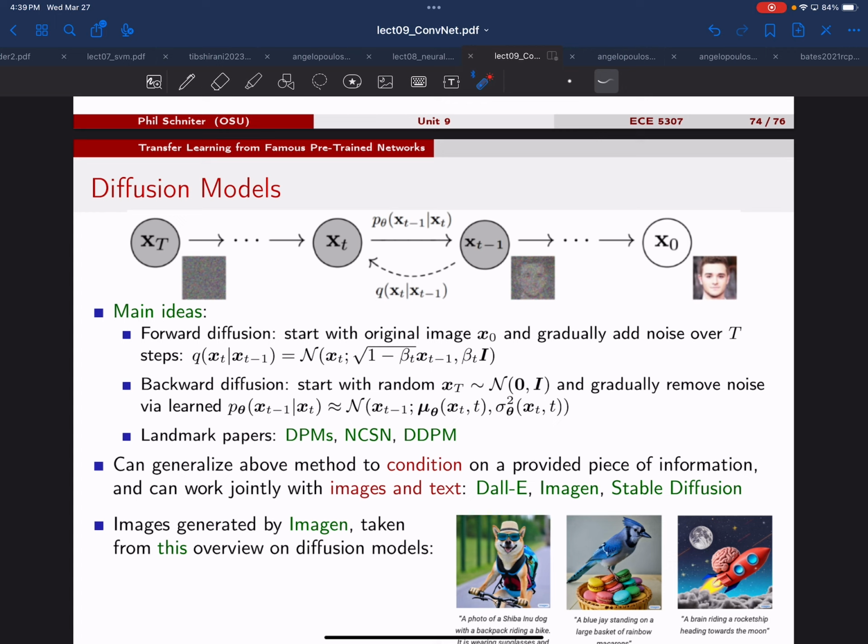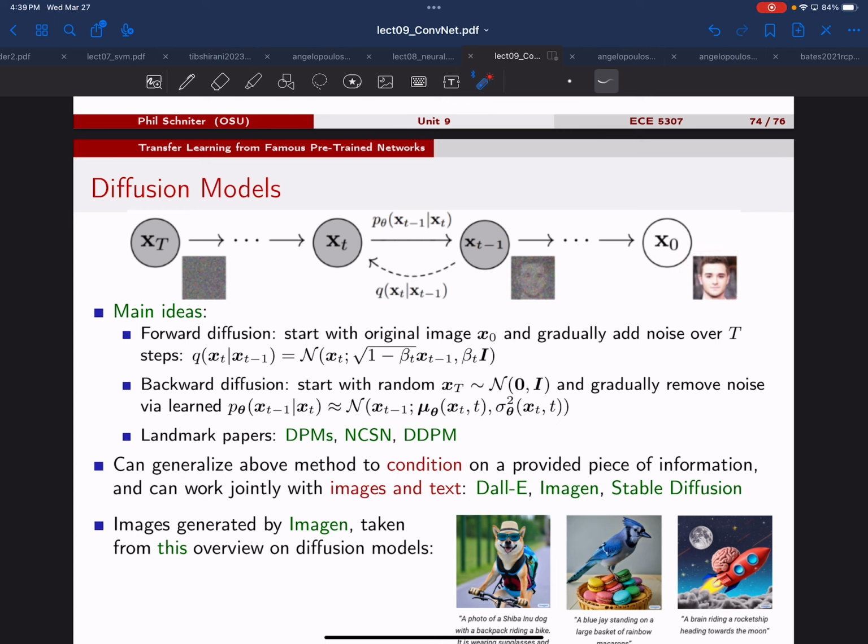Okay, so far we've just talked about how you work with images alone. So take a set of training images, you gradually add a little bit of noise, and then learn how to go in the backwards direction. What's more interesting is if you don't work just with images, but pairs of image and text.